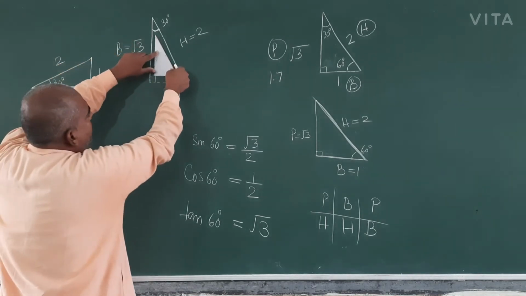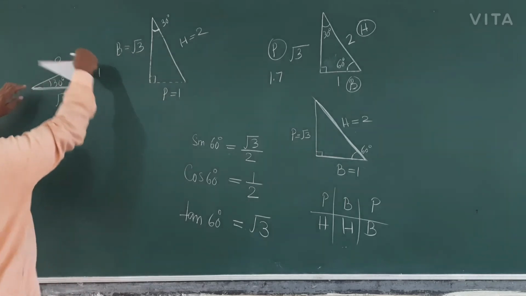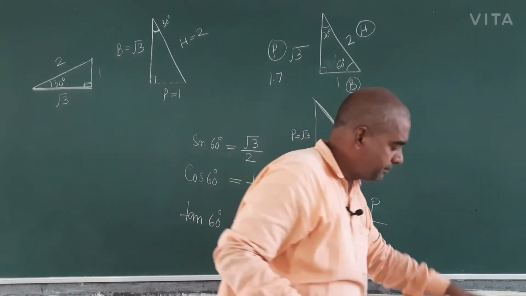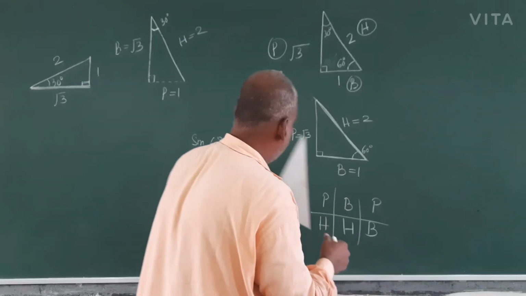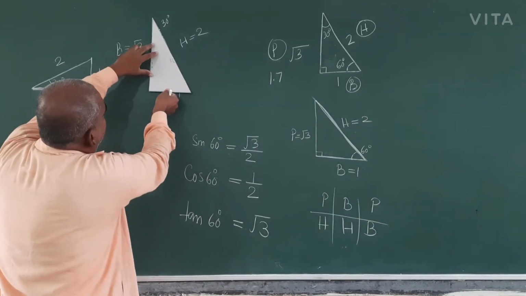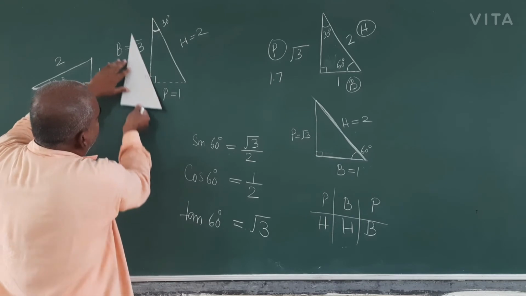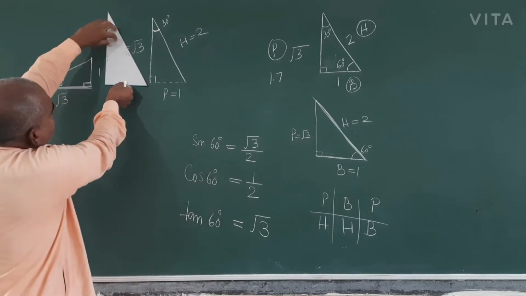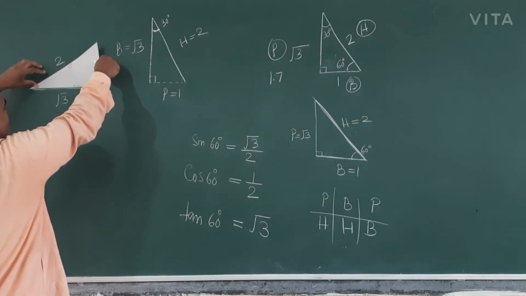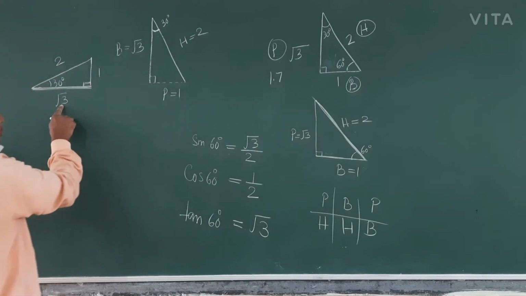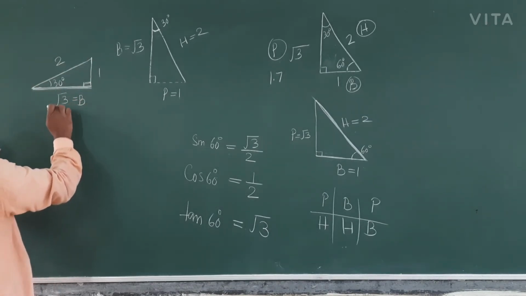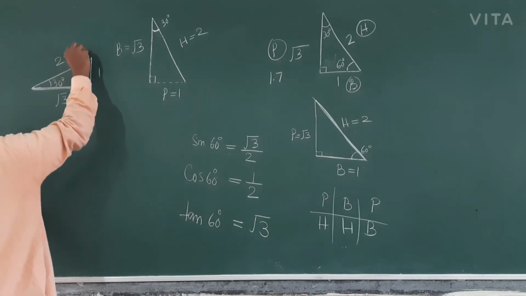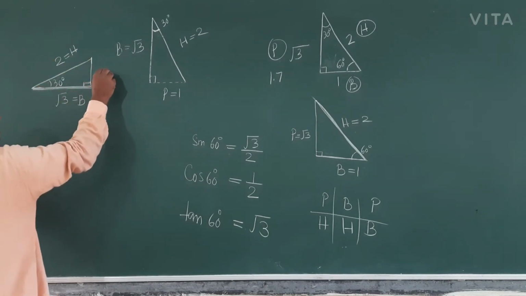This is the same triangle and I have changed the orientation. So root 3 means base, 2 means hypotenuse and 1 means perpendicular.